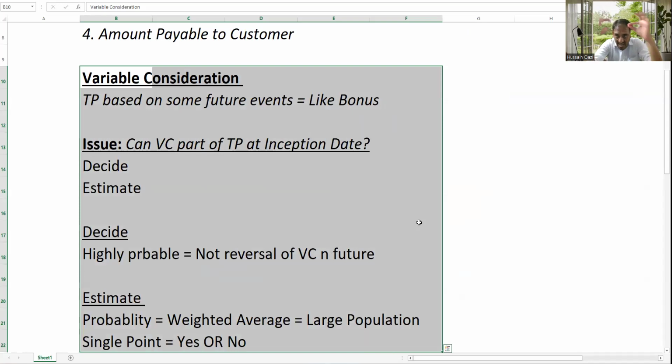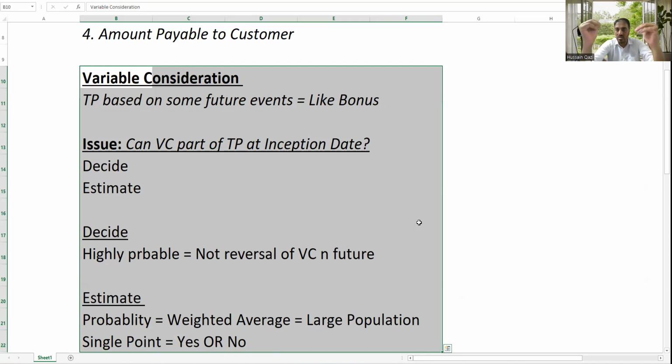Step number 3, transaction price. With transaction price, the complication is about variable consideration, where the issue is whether the variable consideration should be part of the transaction price at inception date.